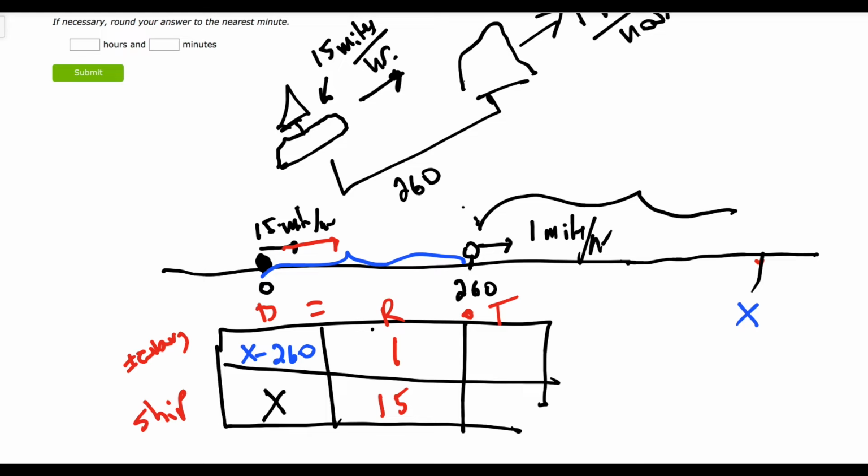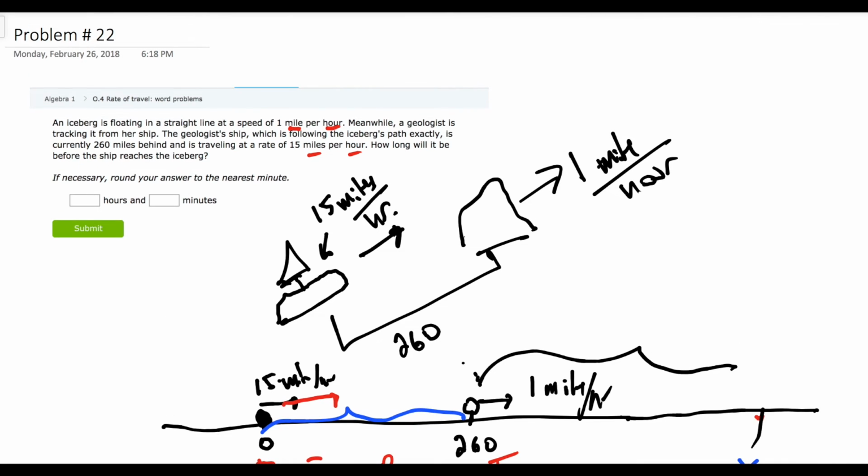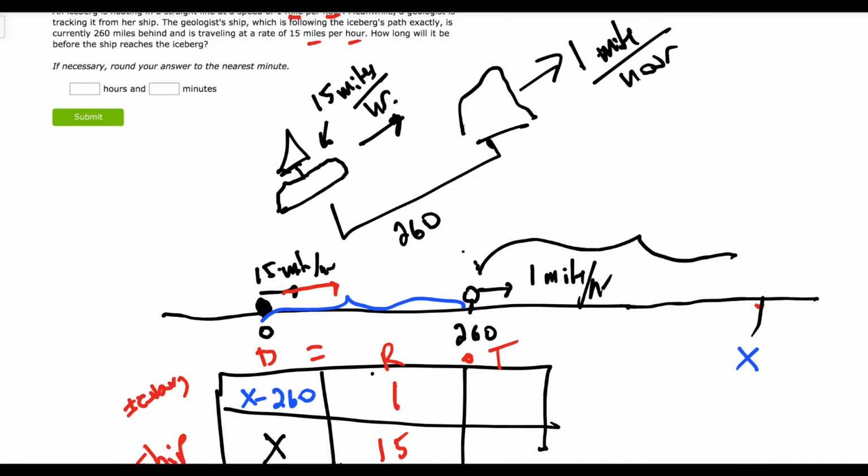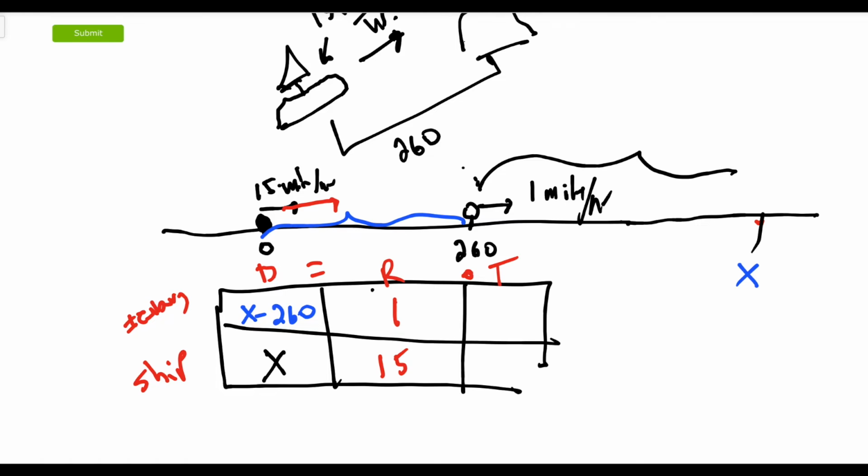And were we given the time? No, and we're looking for the time. But you can find the time with a little algebra. If you have d equals r times t, you can isolate t by dividing both sides by r.